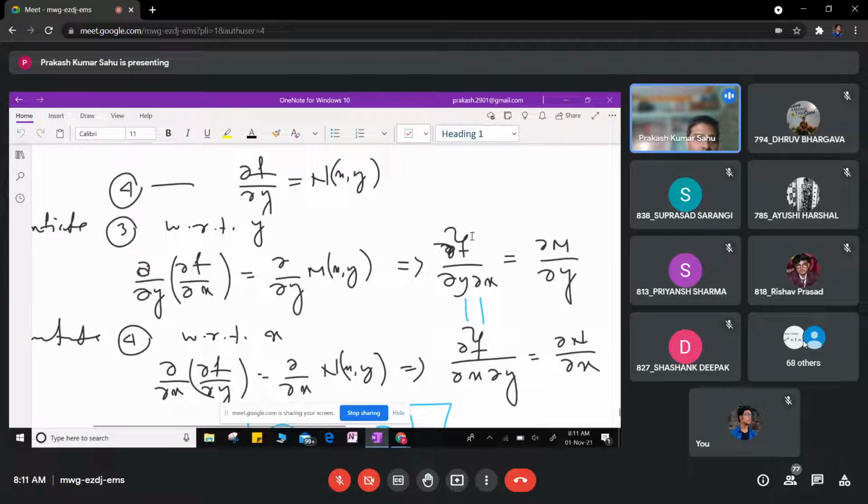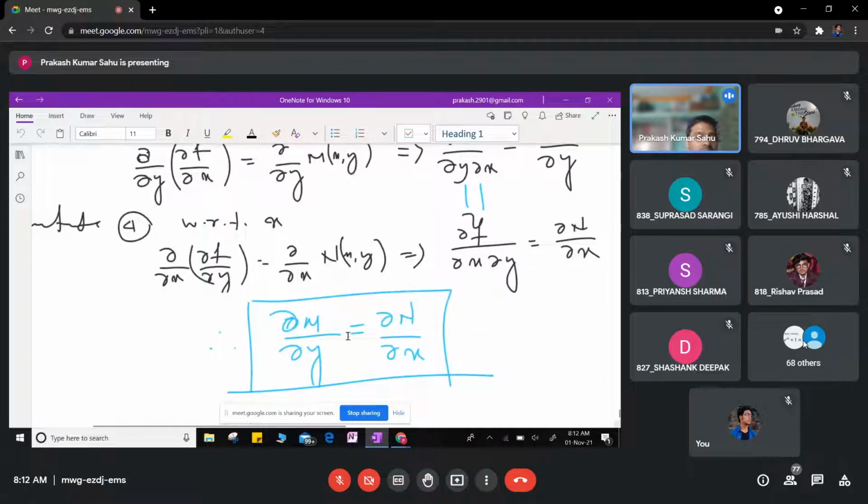So now you know that from these two equations, del square f by del y del x is the same as del square f by del x del y. So that is why del M by del y is the same as del N by del x. Okay, so this is the condition of an exact differential equation. That means whether the differential equation is exact or not.